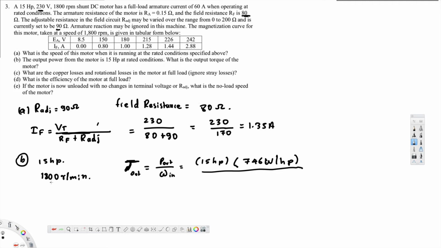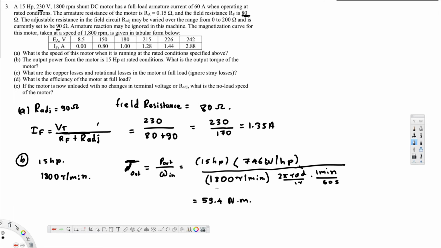Omega is 1800 revolutions per minute. And if we want to convert this to radians per second, we multiply by 2π radians per revolution and 1 minute per 60 seconds. Now when you calculate this one, you're going to get 59.4 Newton meter, and that is the torque.